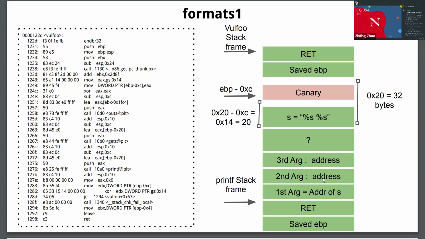If that pointer is an invalid address, an address that is not mapped in the process, there will be a segmentation fault. If that address is mapped in the process, however, but the current instruction doesn't have permission to read it, we also get a segmentation fault, right? If we have %n, the same thing, except instead of reading, we are going to write to those places.